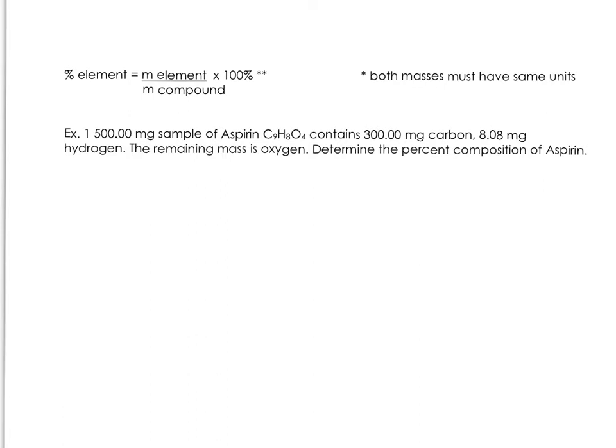A 500 milligrams sample of aspirin contains 300 milligrams of carbon, 8.08 milligrams of hydrogen. The remaining mass is oxygen. Determine the percent composition of aspirin. So we have three elements. We have carbon, hydrogen, and oxygen.